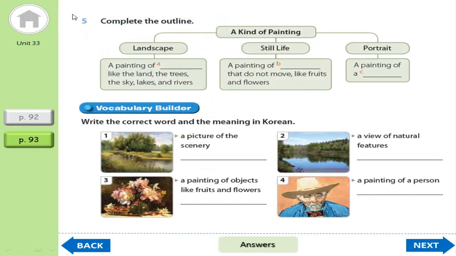Okay, on this page, number 5, complete the outline. So we have the outline about the kinds of painting. The first outline is about landscape. A painting of A, like the land, the trees, the sky, lakes, and rivers. So letter A, what word should you write in here?